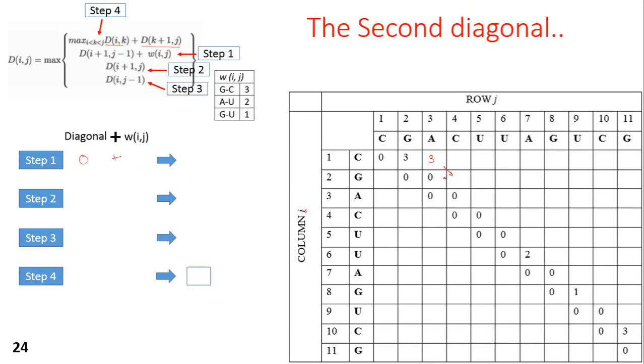Then let us consider the possibility of adding weight. This box corresponds to base pairing of C with G. Here is C and here is G. What is the weight value? 3. Okay, so step 1 would be 3.